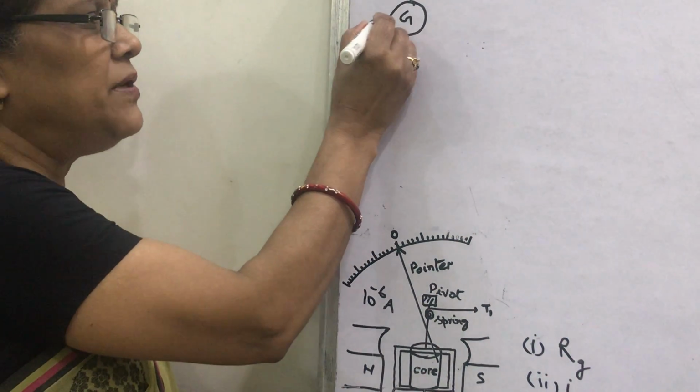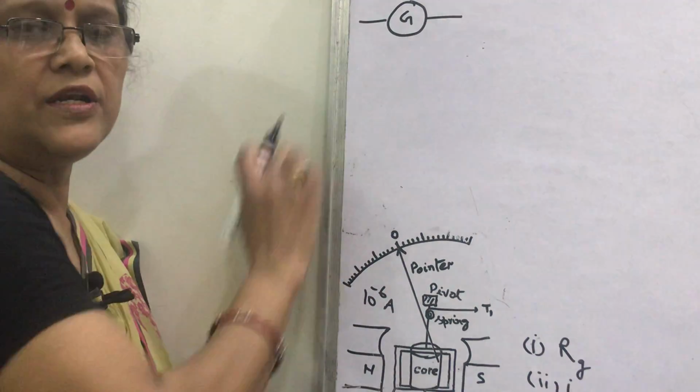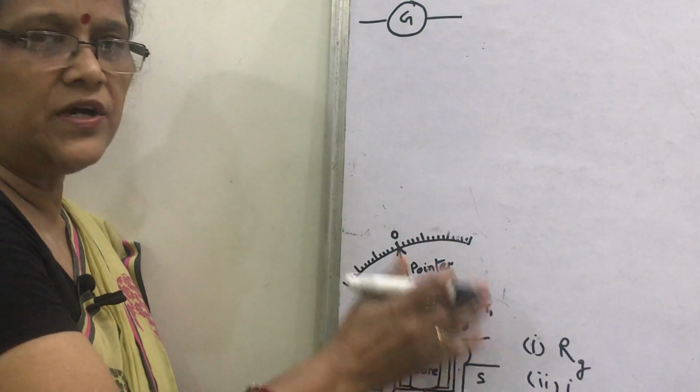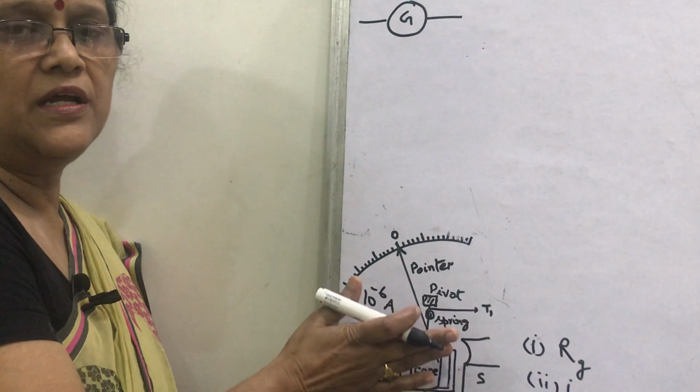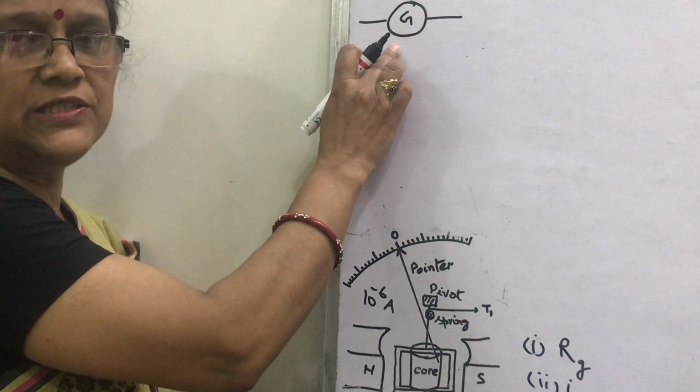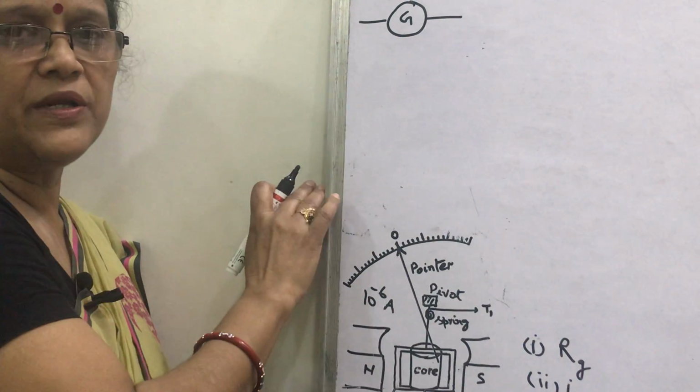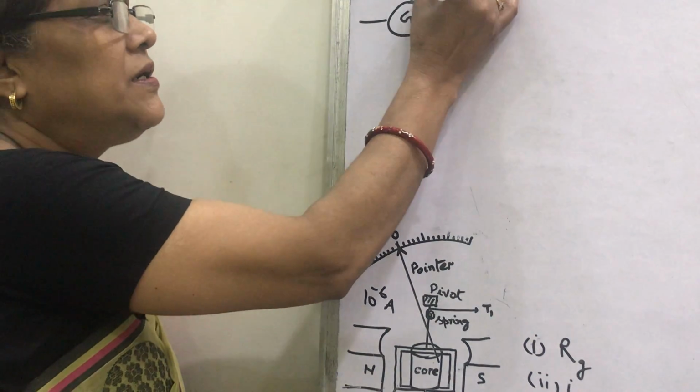It has two terminals, T1 and T2. So this total figure description you have read is symbolized like this. This is the galvanometer.